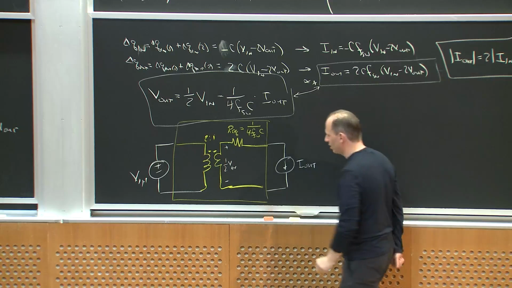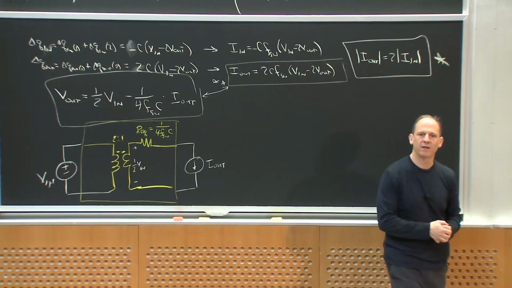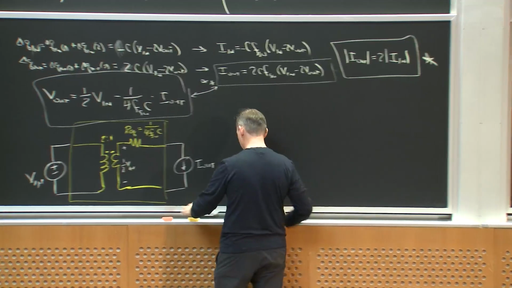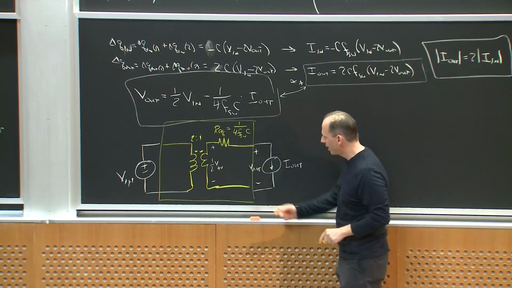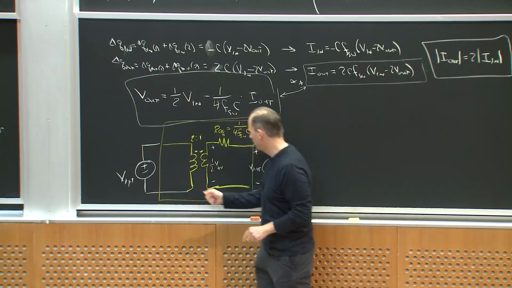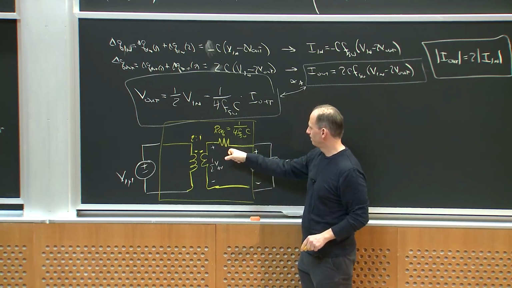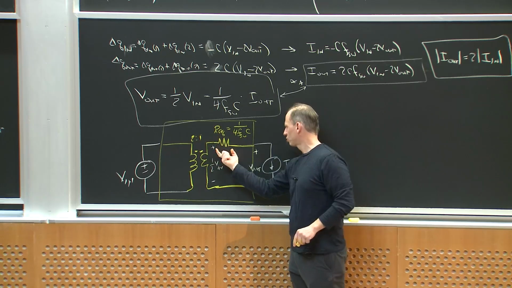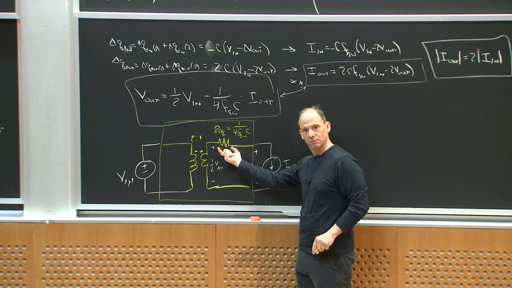This is a DC equivalent model for how this converter behaves. This is V out, so it gives the right relationship between V in and V out: V out is half V in minus the voltage drop across this resistance, which is I out over 4 C F switch.